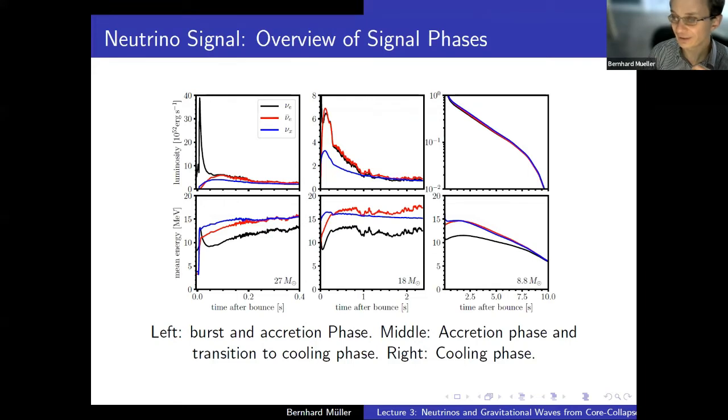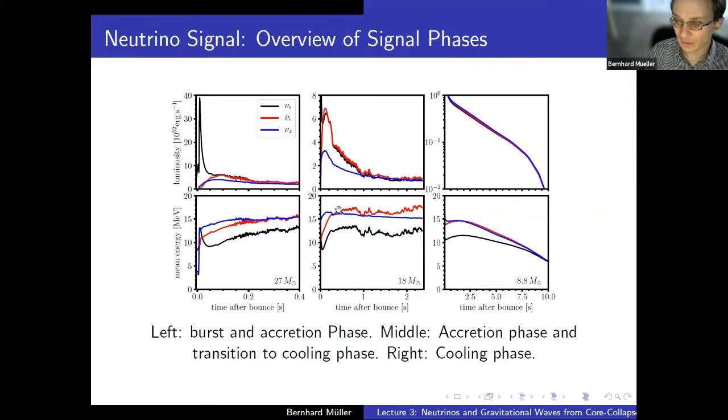And it actually does that. If you looked at the number luminosities, so the luminosity divided by the mean energy, you'd always have an excess of the electron neutrino number flux, but the energy flux is about the same.